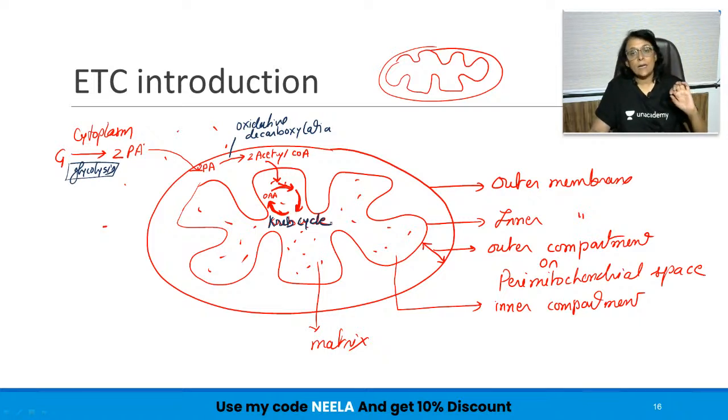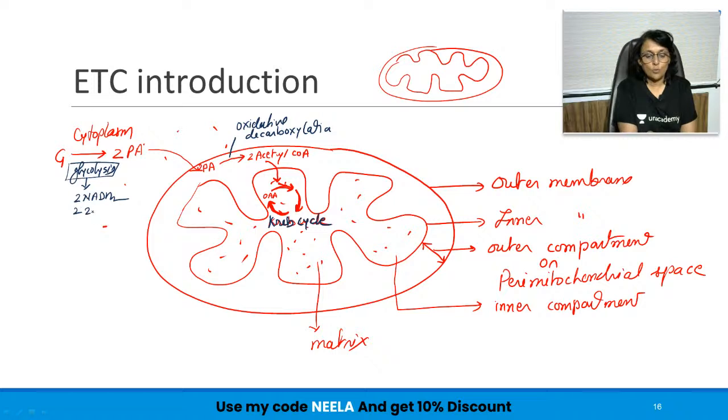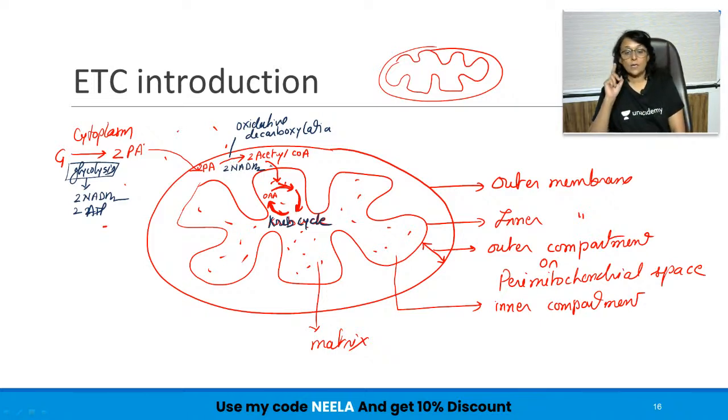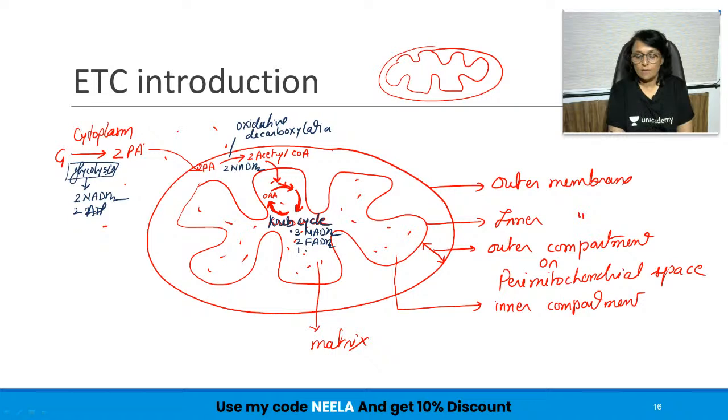Now the basic idea of giving you all this information is: 2 NADH2 which are formed as a result of glycolysis are here, and we have ATPs. 2 NADH2 are formed in oxidative decarboxylation, and all others which are formed here, like 3 NADH2, 2 FADH2 and 1 ATP, are found in the matrix.